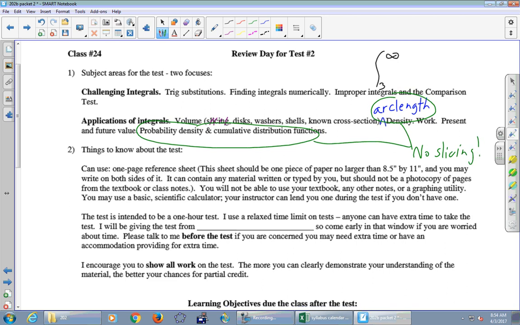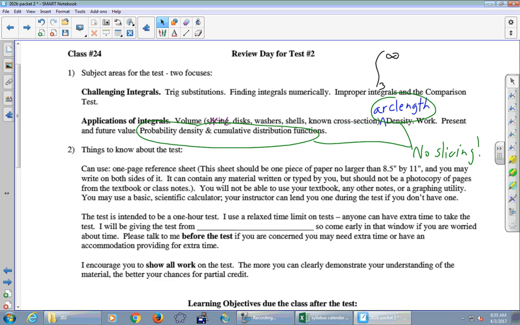On any other application of the integral, you should expect to have to build the integral by using slicing and a Riemann sum and a limit and all that jazz. The instructions on the test will make very clear, hey, don't use a magic formula here, or hey, it's okay to use a magic formula here. But I'm just trying to be upfront with you. Those are the only 2 places where you can expect to just use a magic formula.